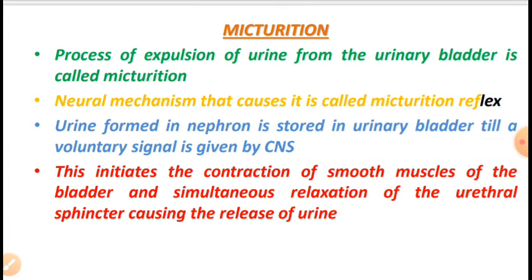We are ureotelic animals, so actually 25 to 30 grams of urea is excreted out per day. Various conditions can affect the characteristics of urine.